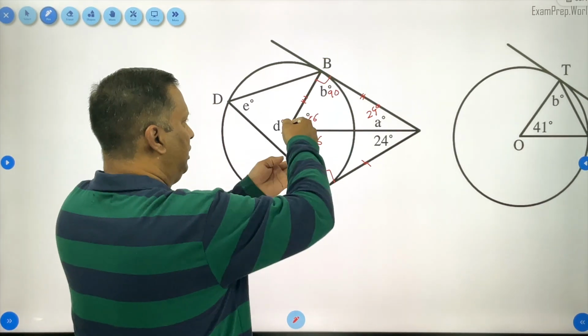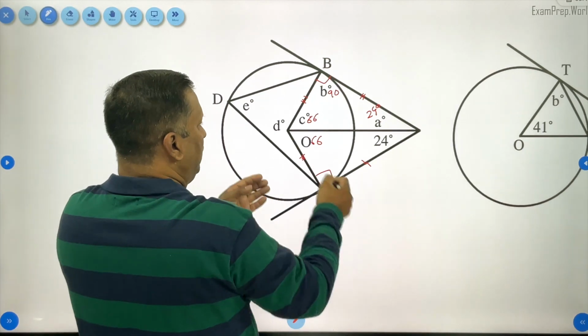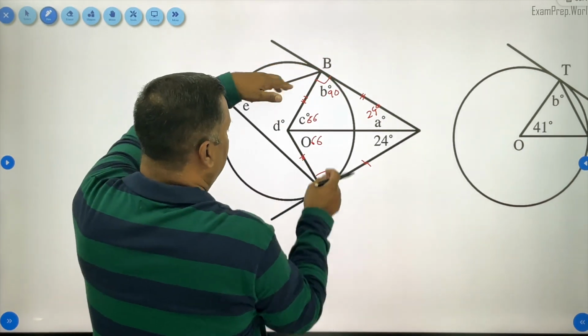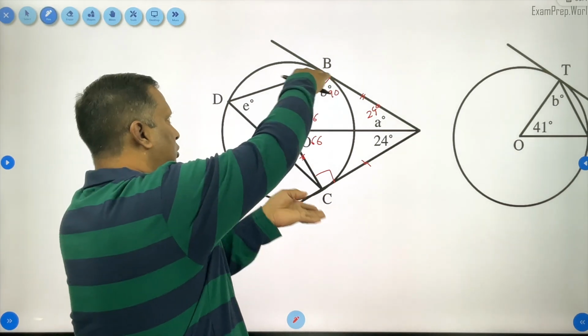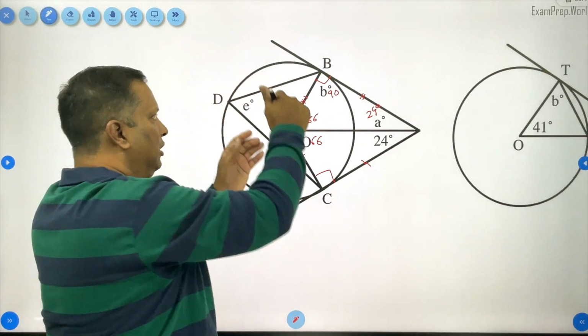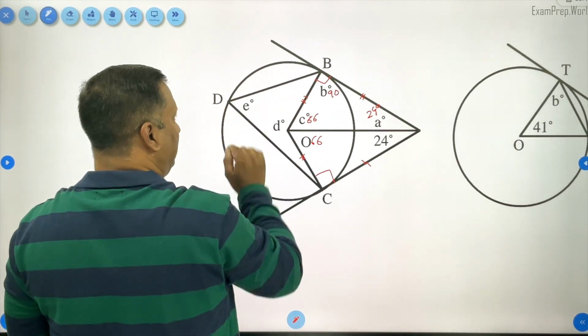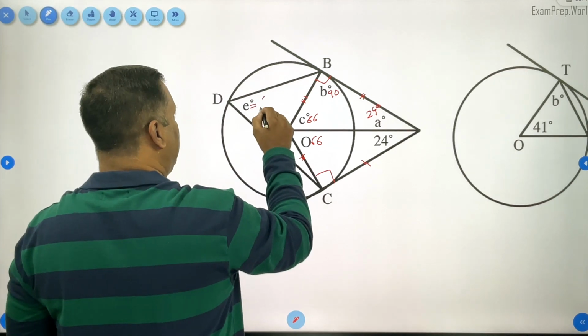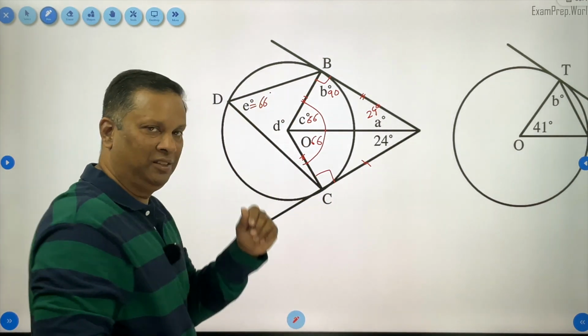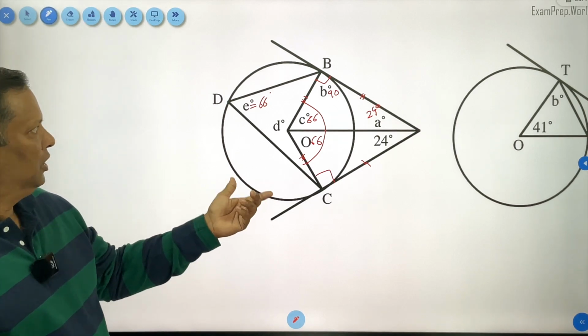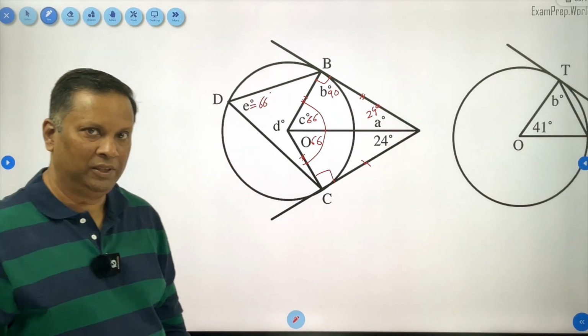Why? BDC. Look at this. BOC, BC is creating an angle at the center and BC is also creating angle D on the segment. So this angle has to be double of this. So E also has to be 66 because this is 2 times 66 and this is 66. All done? Anything left? No. So we have solved that one.